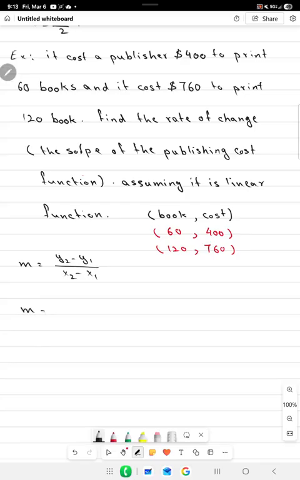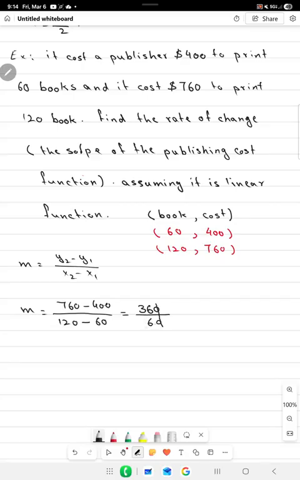If I name 120 x2 and 760 y2, m equals $760 minus $400 over 120 books minus 60 books. 760 minus 400 gives you $360 over 60 books.